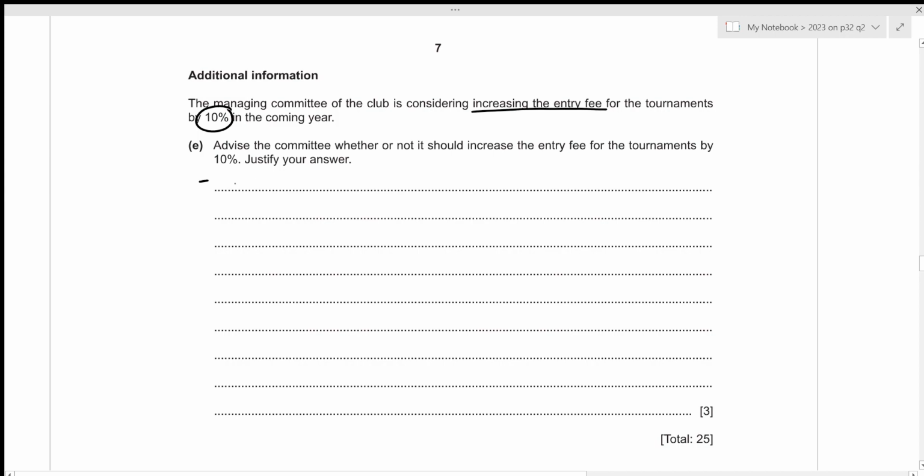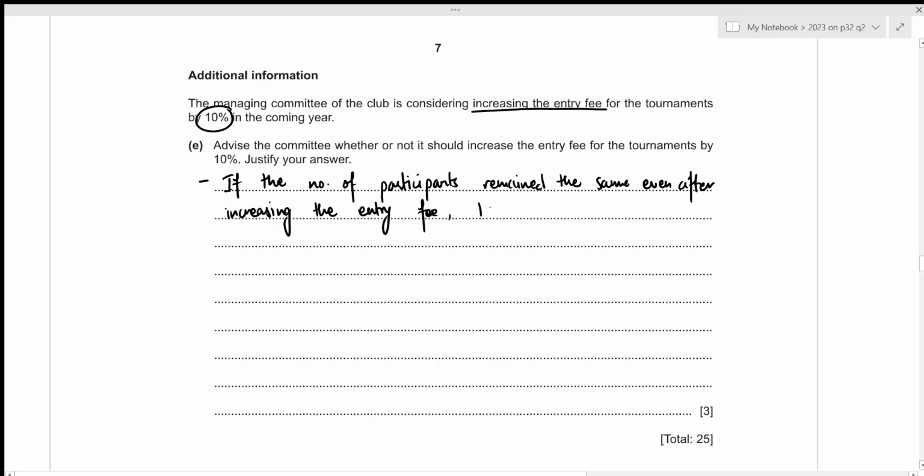Let's write it down. So if the number of participants remain the same, even after increasing the entry fee, the profit from tournaments would increase, which will eliminate the deficit.